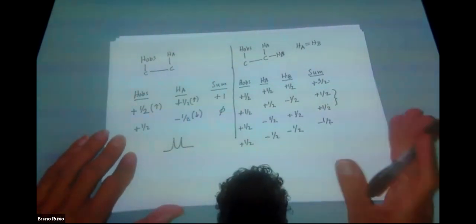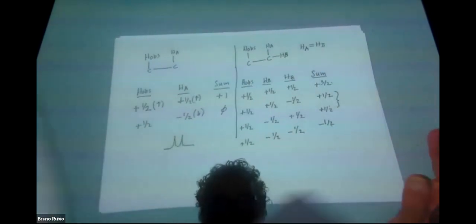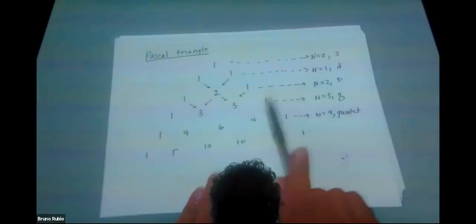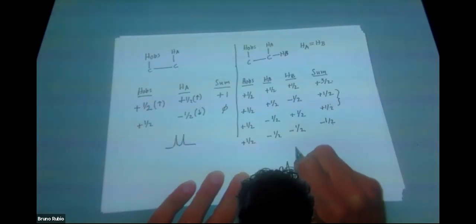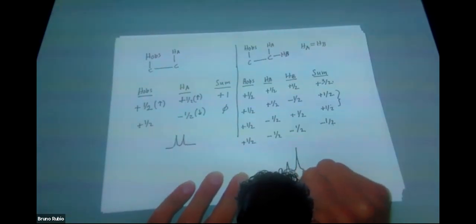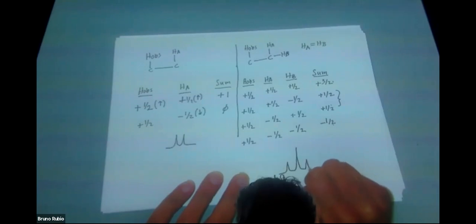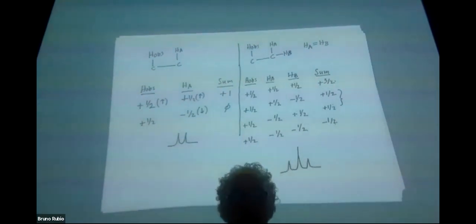And this is going to give us our triplet with the 1 to 2 to 1 intensity pattern. There's one state, and then we have another state that's twice as likely, and then we have a third state. And so that's our 1 to 2 to 1 triplet.